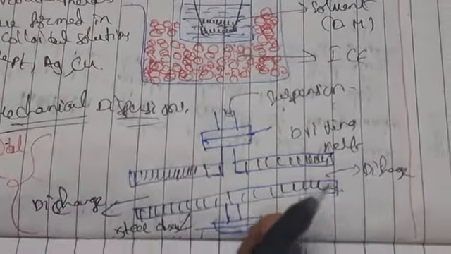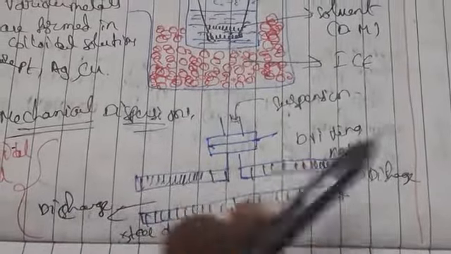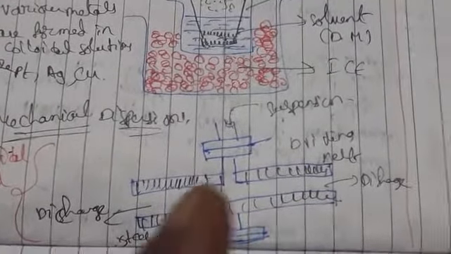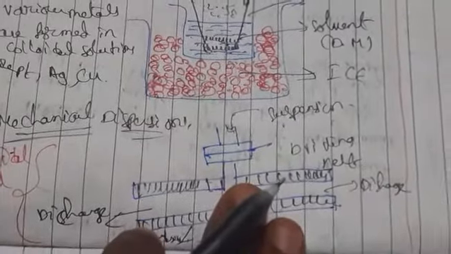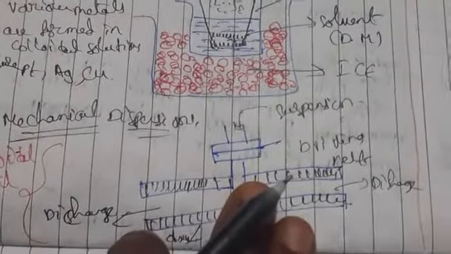So this disc, whatever we are taking, will rotate in an opposite direction at high speed. So the substance, first of all we have to prepare sol, means colloidal solution is to be prepared first. Then what we have to do? We have to make powder, means we have to first grind. Afterwards we have to shake with the dispersion medium, means solvent, to get a suspension.